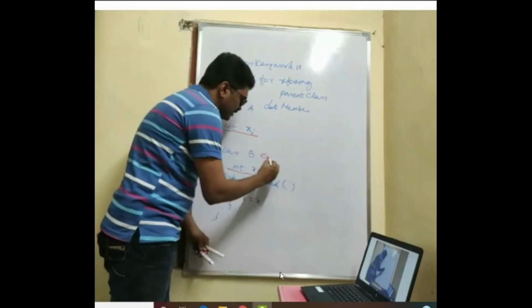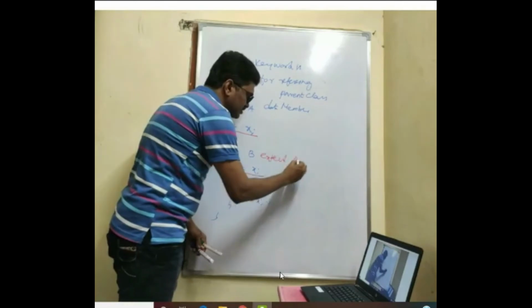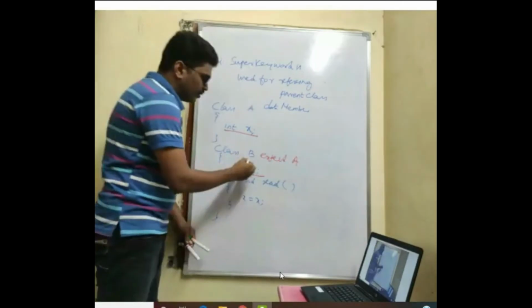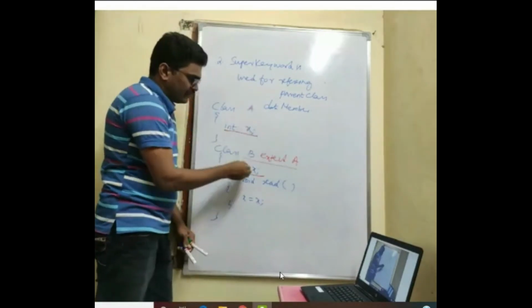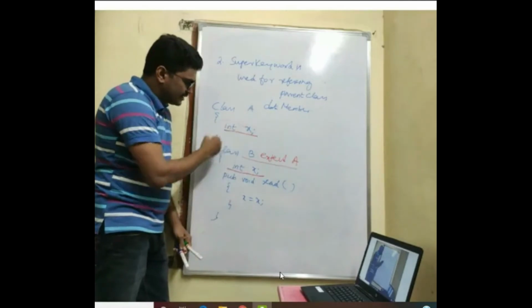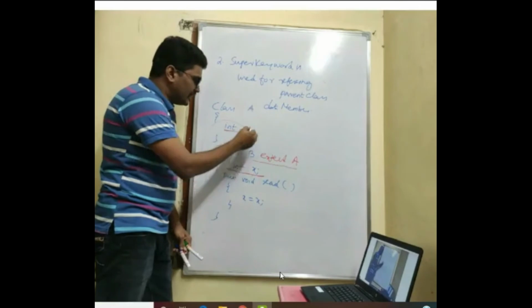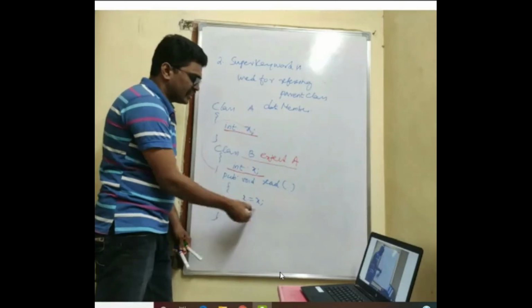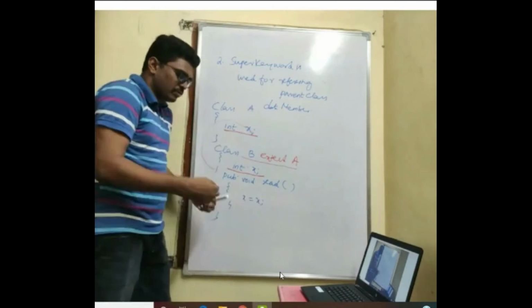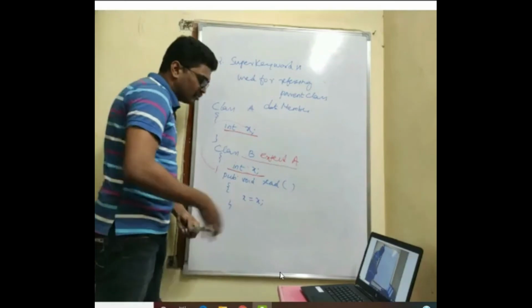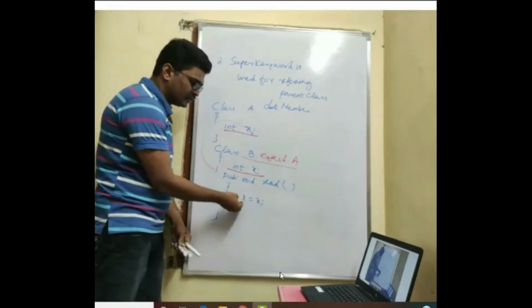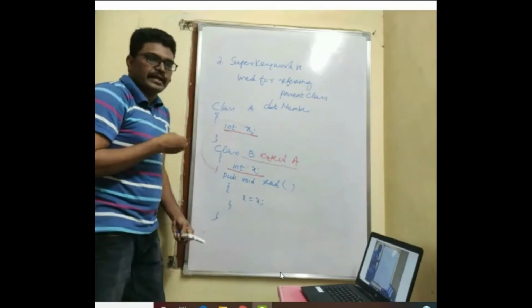Sorry, I did not write extends A. Now B is inheriting from A. I get this x here and this x here, and the compiler will get confused about which one you are referring to. Are you referring to the parent member or the derived class member?